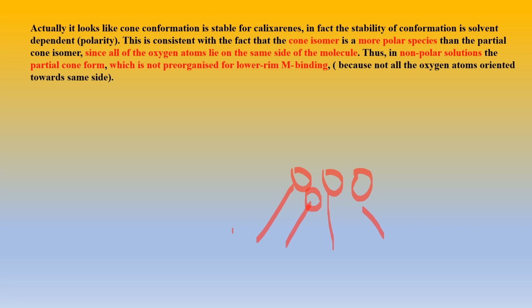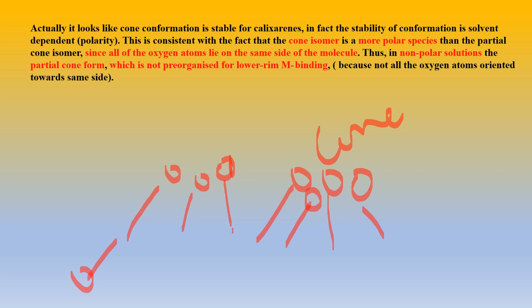At the same time, in the partial cone form, only three oxygen atoms are in one direction, and one oxygen atom is oriented exactly opposite. So it has less polarity than the cone isomers. Since only three oxygen atoms are in one position, it is not very easy for the metal ion to bind.